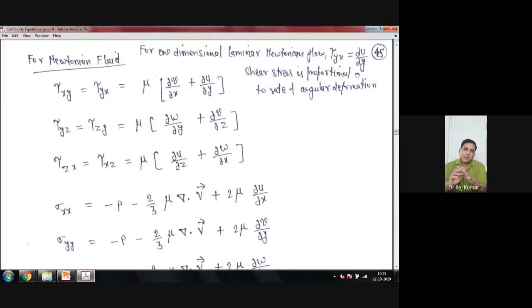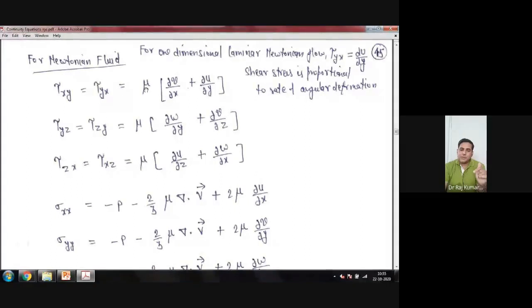Now it is for three-dimensional planes. So every time you have two planes, x or y or z, you will have two stresses in that. Therefore your tau yx or tau xy would be given by mu del v upon del x or del u upon del y. So this is the net stress tau xy or yx in the xy plane.